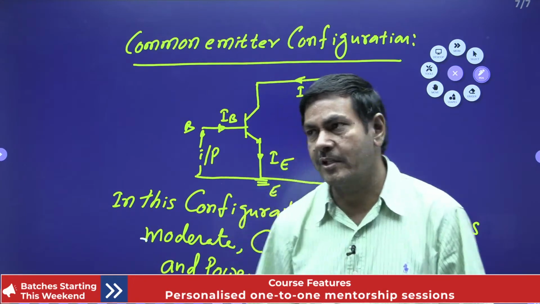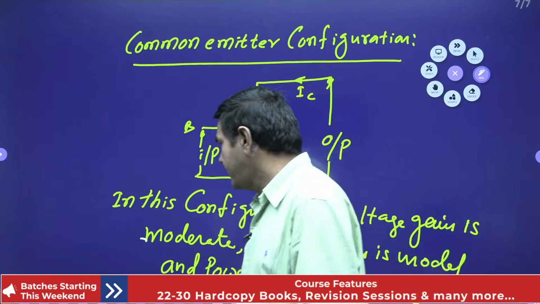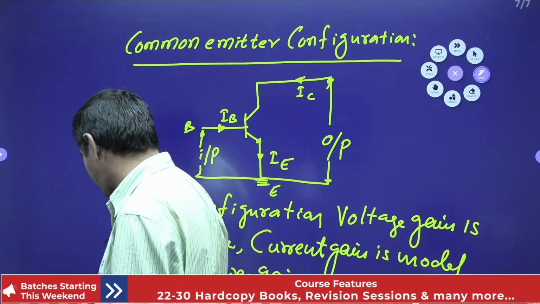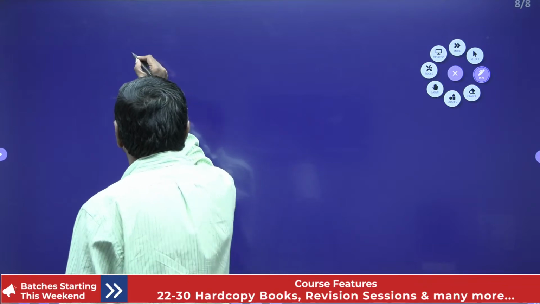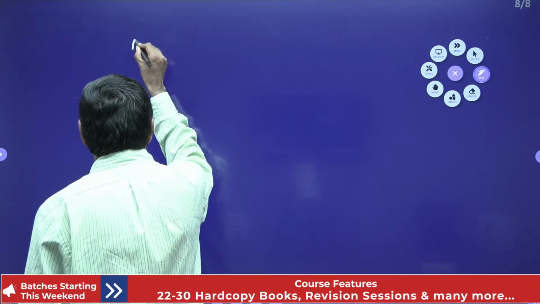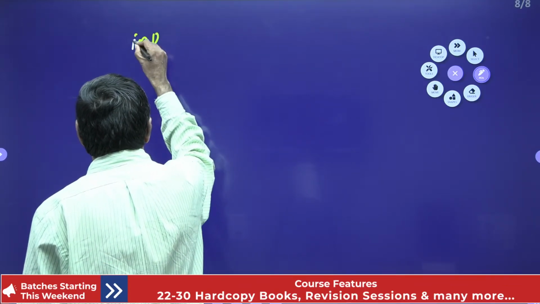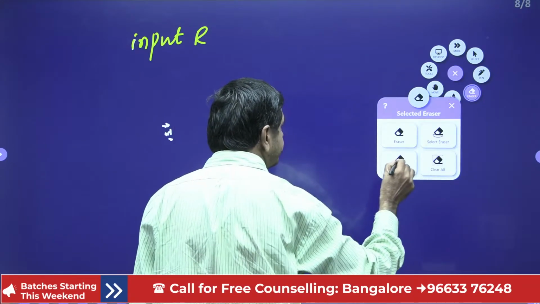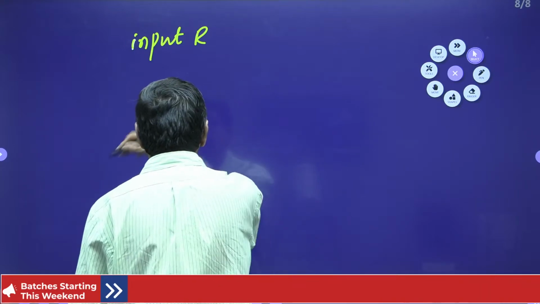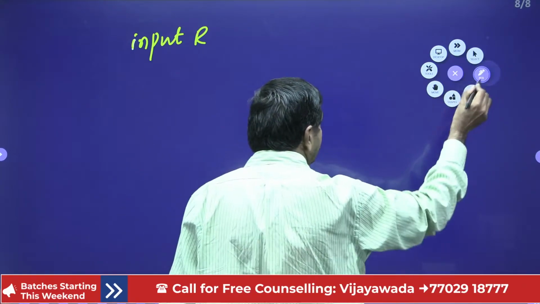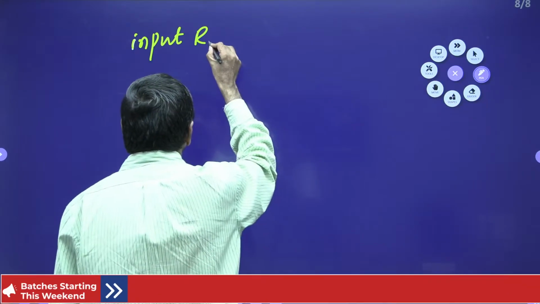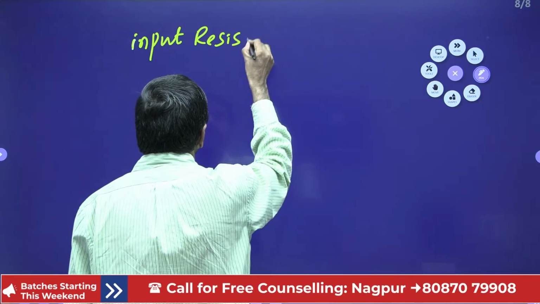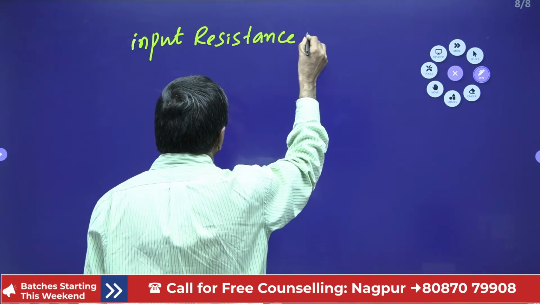That point is also more important. I can write a point this way: input resistance is moderate.